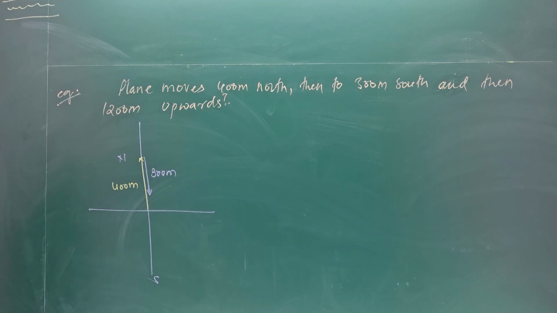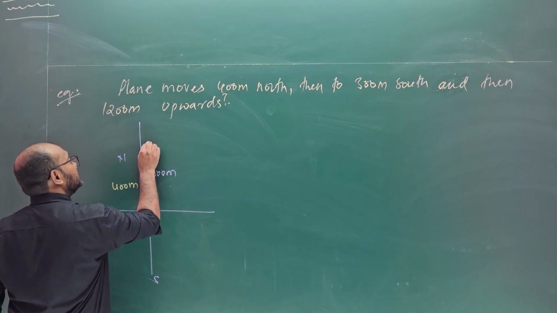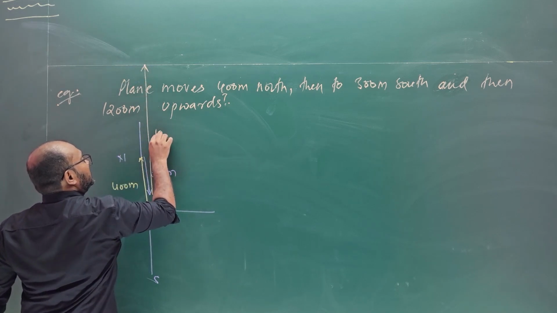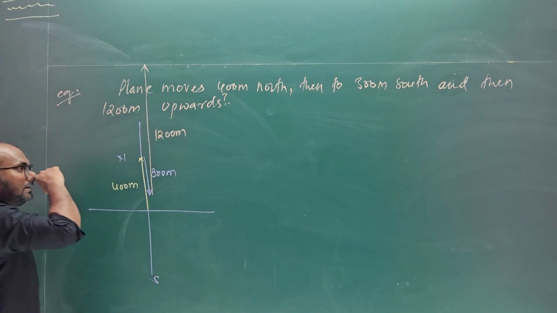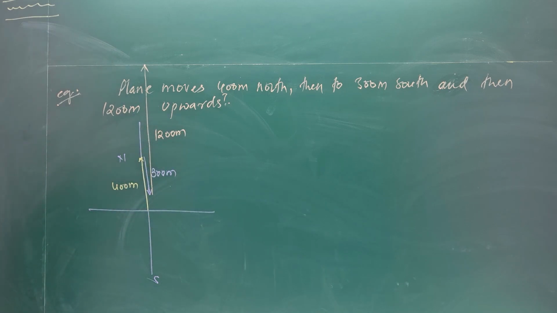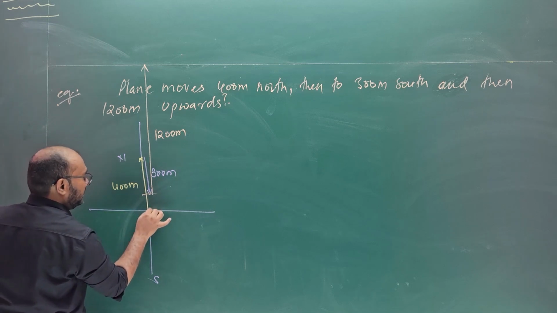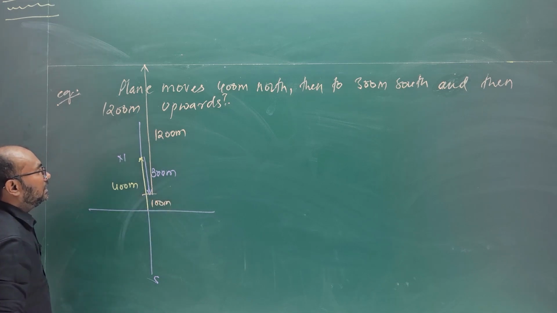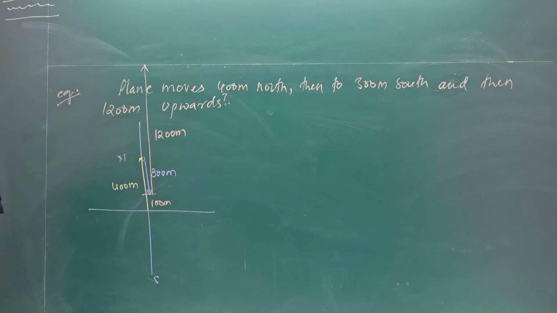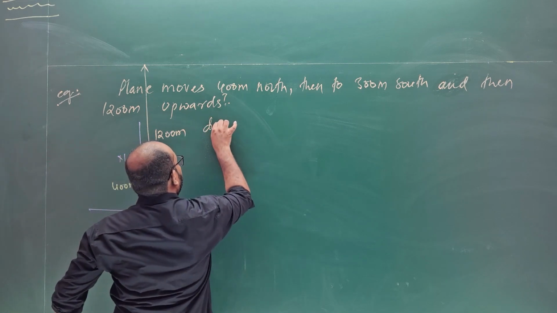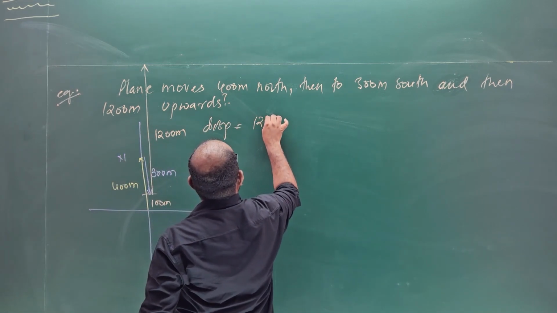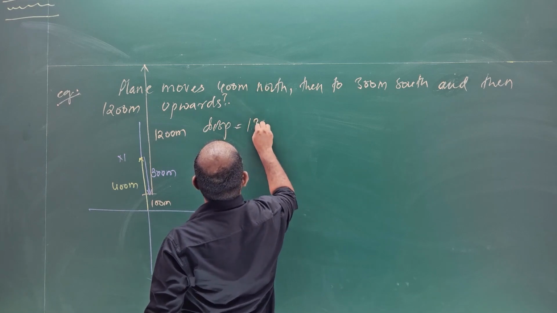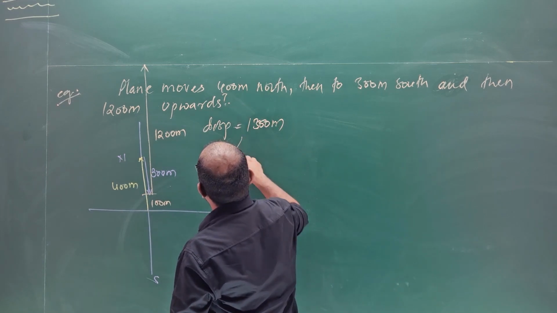Then 1200 meters upward. So the majority of you have done it like this. This one is your 1200, and I think many of you got 100 plus 1200, and the displacement answer is 1300 meters. This answer is wrong.